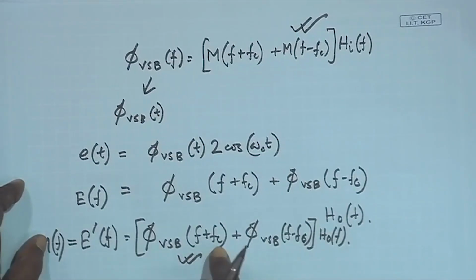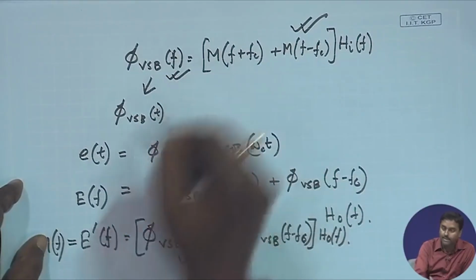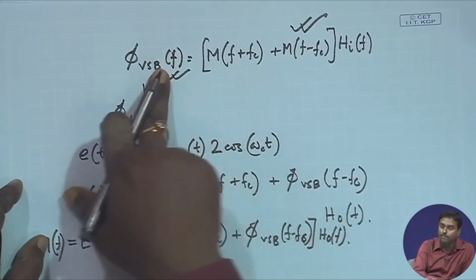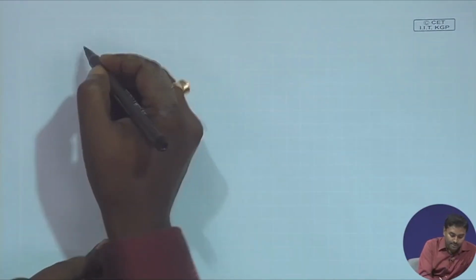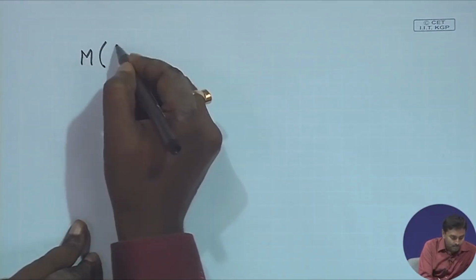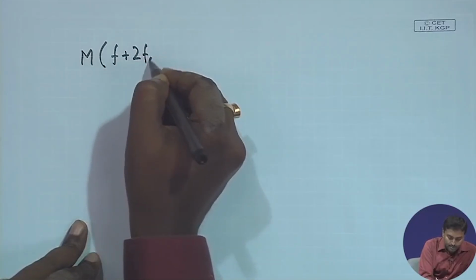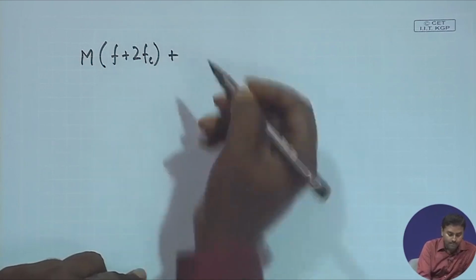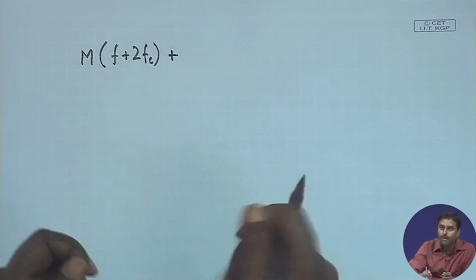So, what do we get? In this phi Vsb f plus Fc, let us replace f plus Fc, and for f minus Fc let us replace f minus Fc and put it over here. That is all we will be doing. So, that should create m f plus 2 Fc if I am considering f plus Fc, and then the next term which is m f minus Fc, then f minus Fc plus Fc.